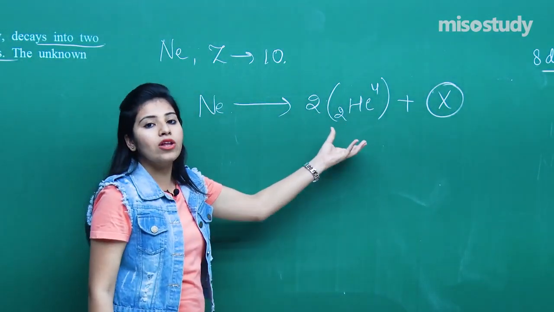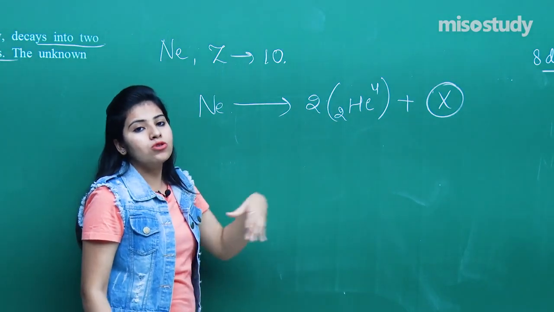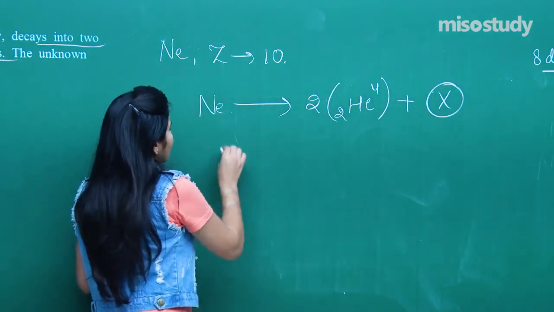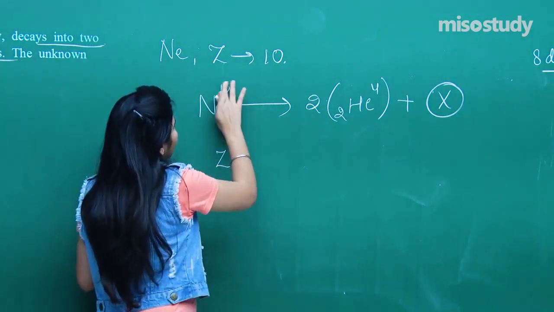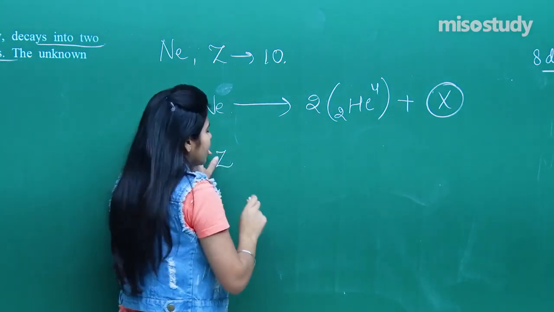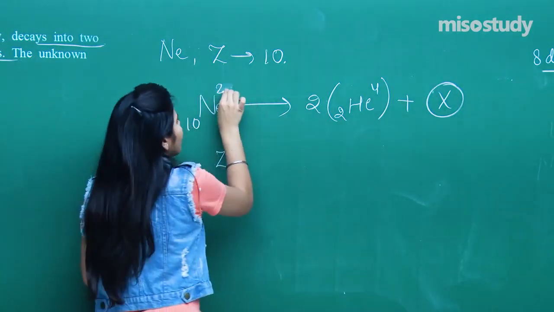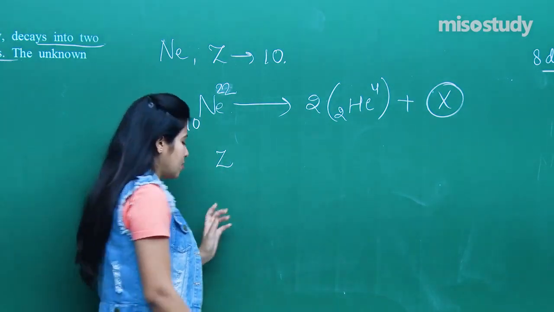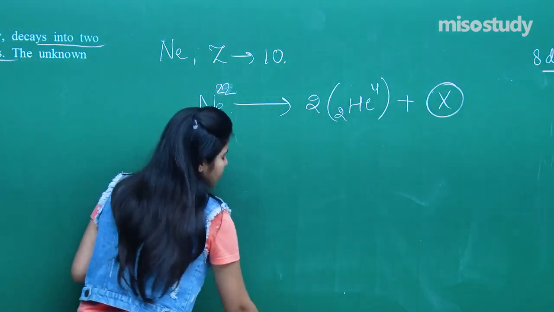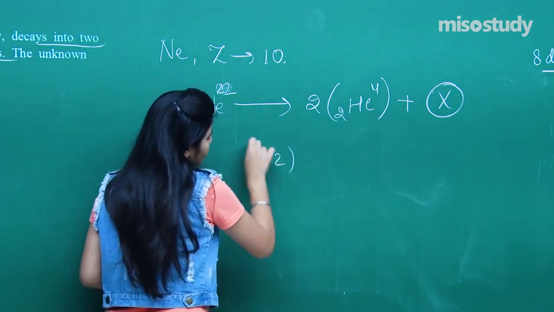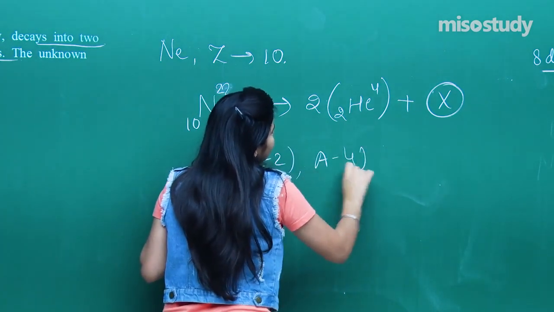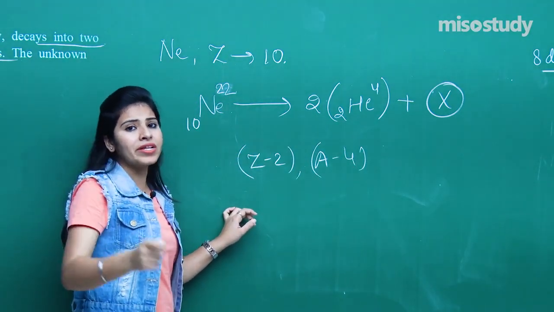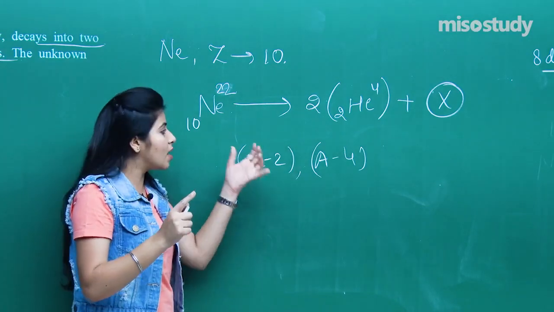So the unknown nucleus, I am putting X over here. Now to find the value of X, what can you do? You know that in the process of alpha decay, suppose it had atomic number Z as 10 and mass number as 22. Because alpha decay is going to happen, Z will be reduced by 2 and the mass number will be reduced by 4. I am repeating this from the first day of alpha decay.